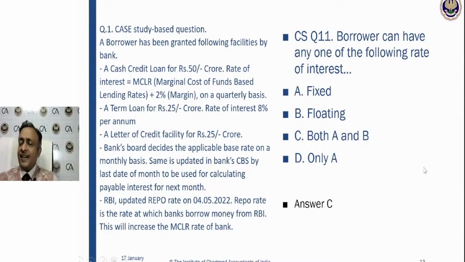So borrower, in fact, in the example, borrower has both fixed and floating. So 11th, C. Yes. Let us just refresh for the correct answers. Yes. So it is Kozema, Sumit, Manoj, Karthik, and Parthsarthi also. Good. So that is for today.